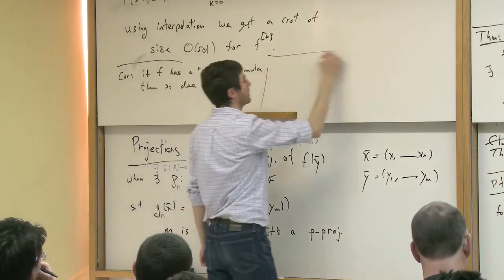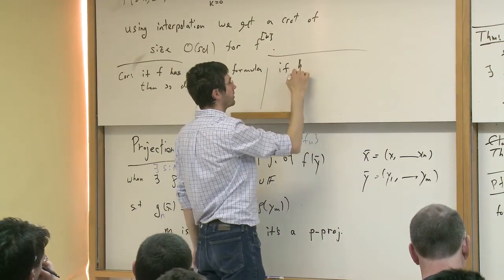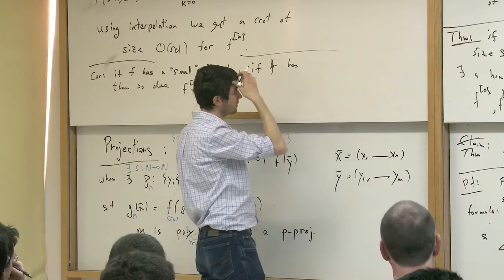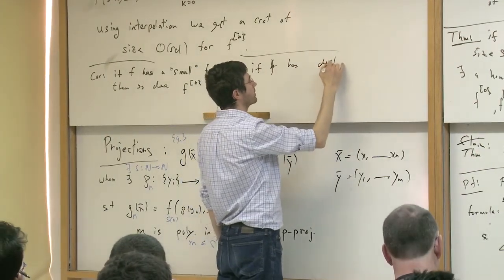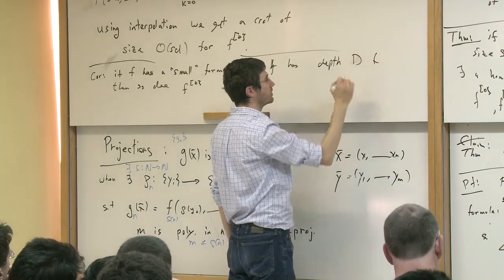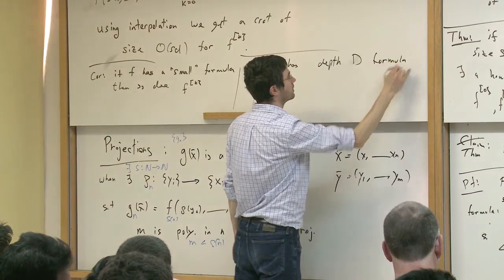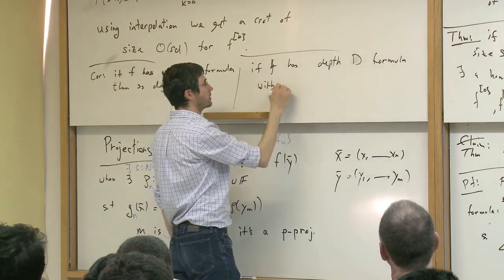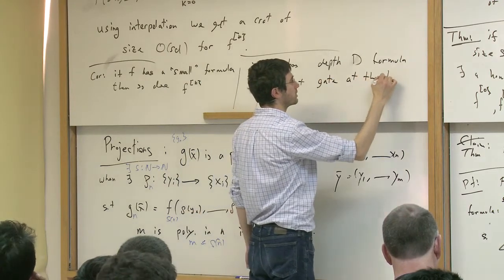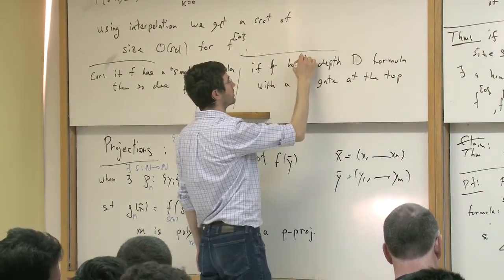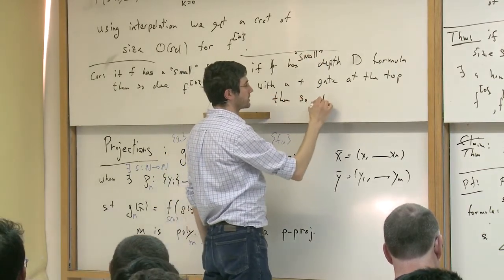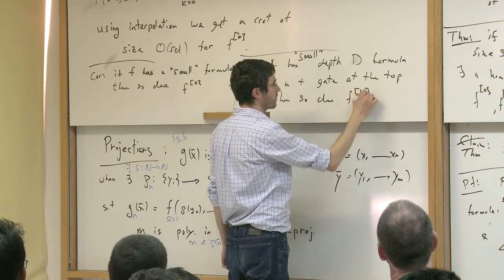And similarly, if f is a depth capital D formula with a plus gate at the top and is small, then so is f k.